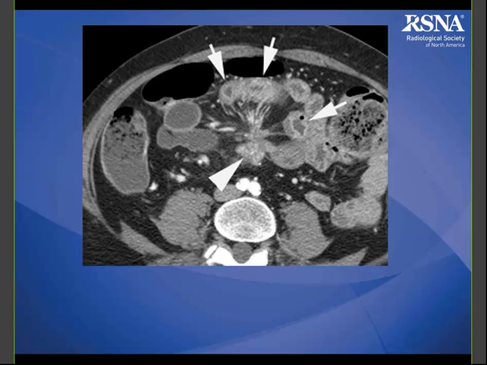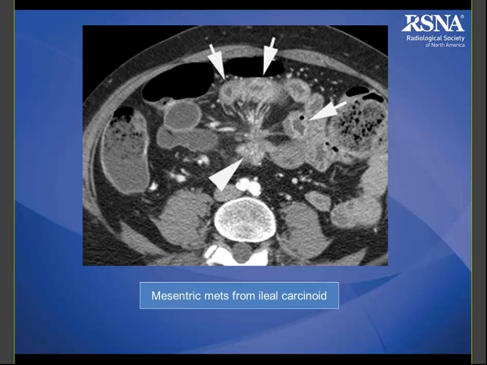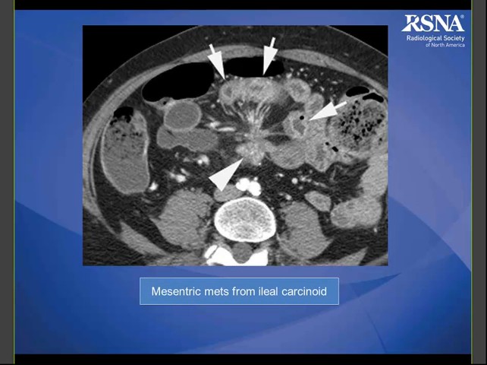And this is a classic example of the mesenteric soft tissue mass with the spoke wheel appearance, as it's been described, causing kind of the tethering of adjacent small bowel loops, and some of those small bowel loops also have an enhancing wall, which could be from vascular congestion, mild ischemia, or it could just be from tumor as well. And that's always the metastases that we see in the mesentery. It's not the primary tumor.